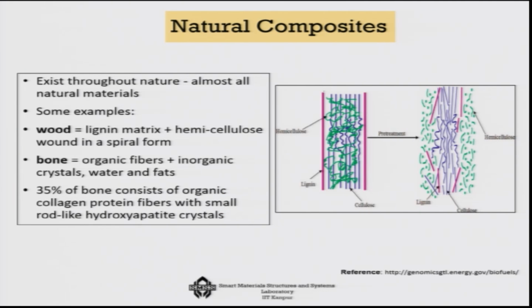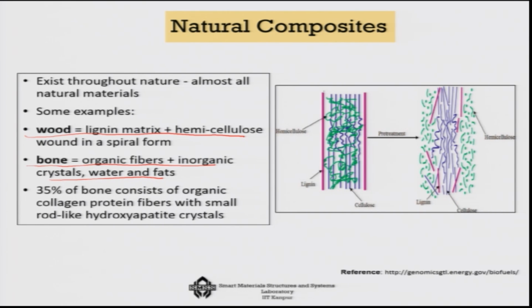Natural composites, you would be knowing that two of the most important structural systems are actually having natural composites. One is wood, which has lignin matrix plus hemicellulose, and another is bone, which has organic fibers plus inorganic crystals with it. Both of them are good examples of natural composites, which is worth emulating.